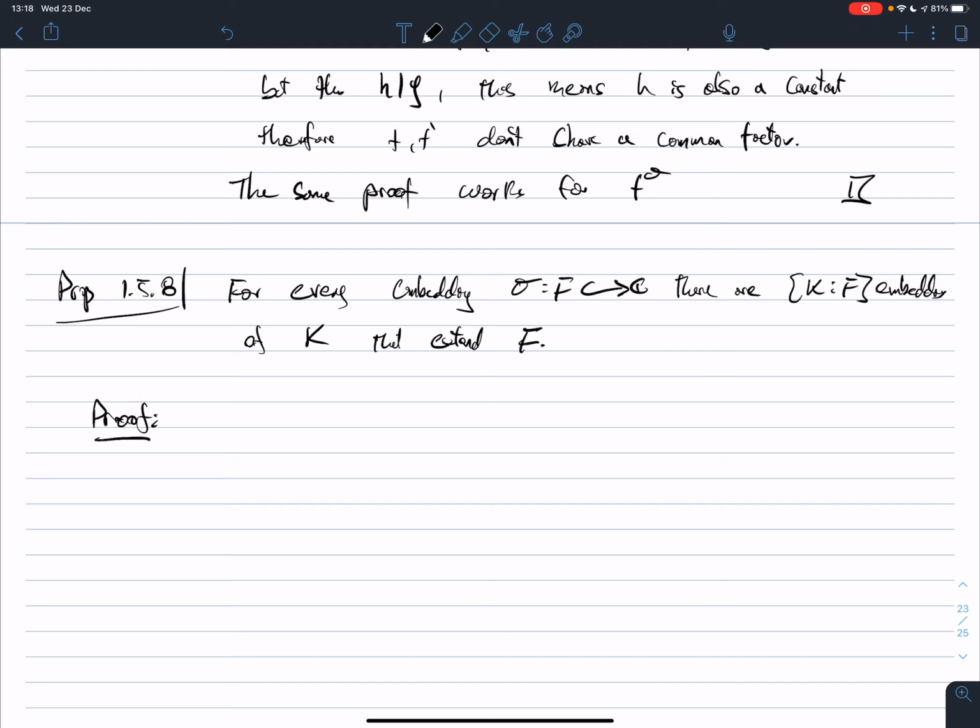So this is a proof. We're going to do this by induction on the degree of the field. If K equals F, there's nothing to prove.